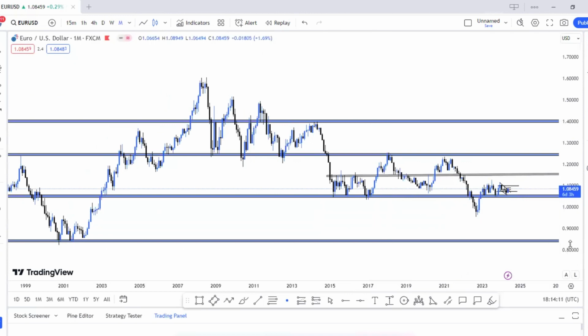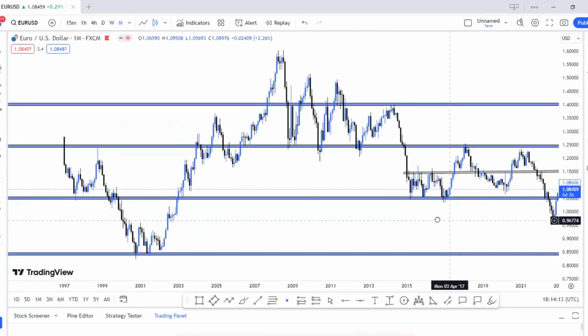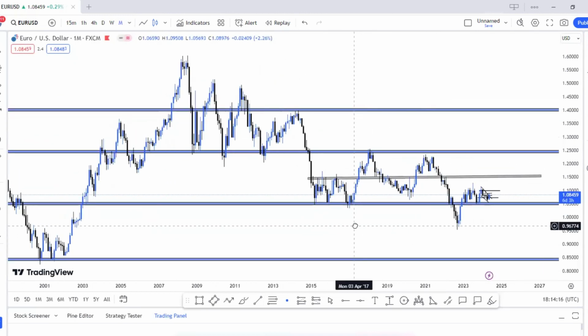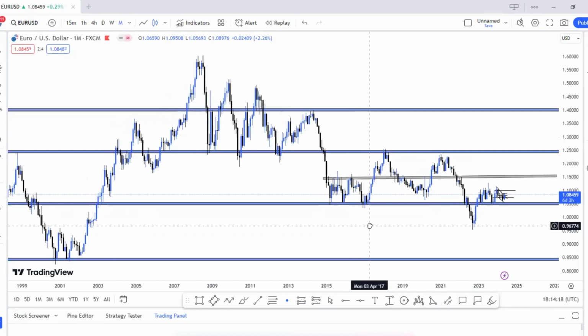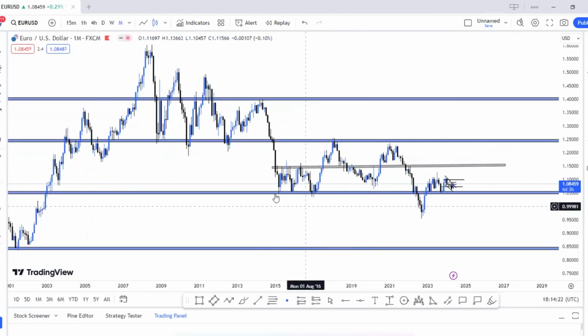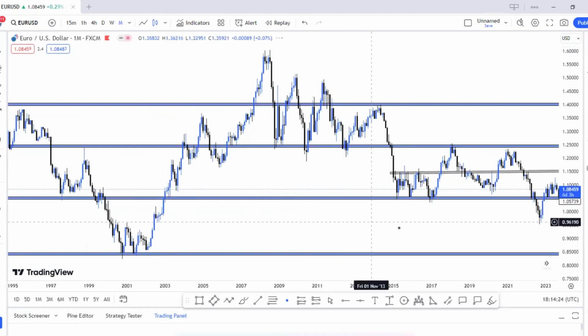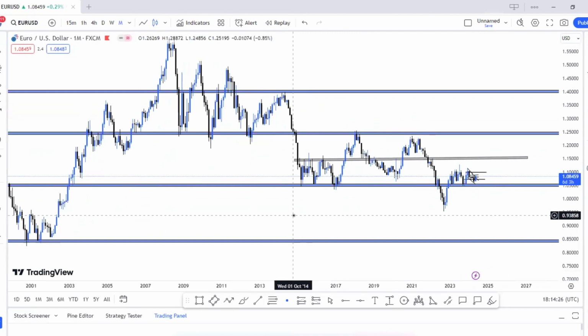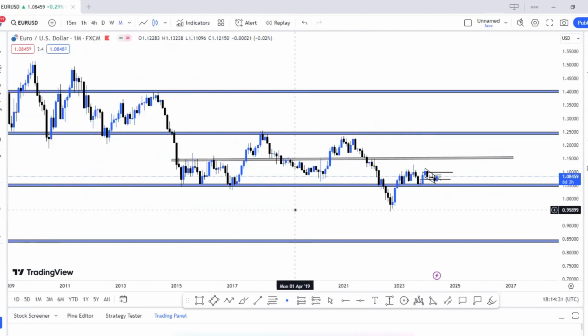So we can see that each of these pairs is currently at a support level on the monthly time frame, which they are struggling to break below, and these levels are showing that they are strong. Price is really finding it difficult to break. So now we have this fake out on the monthly time frame.